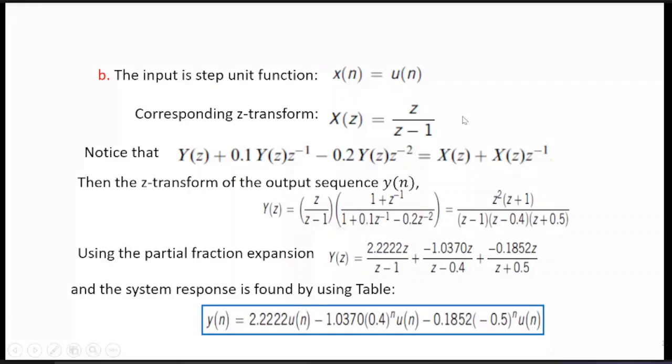So that's why the z transform of u(n) is valid for positive values of n only, and it is z by z minus 1.